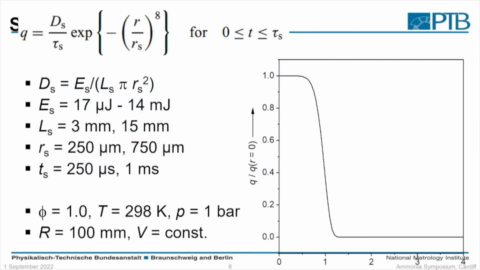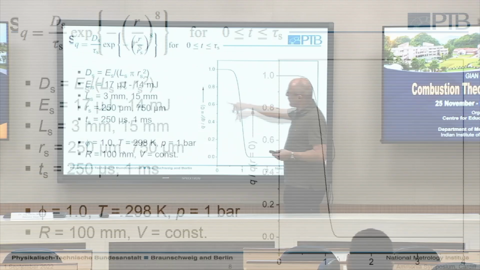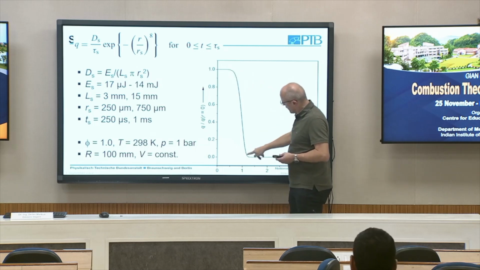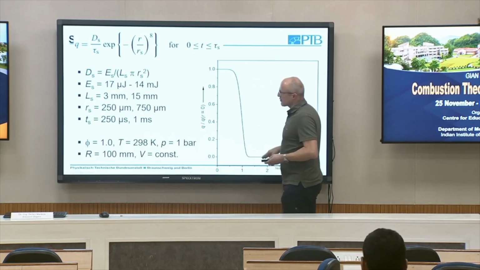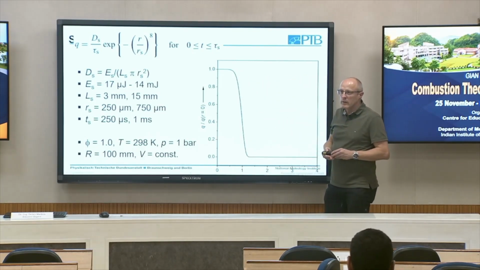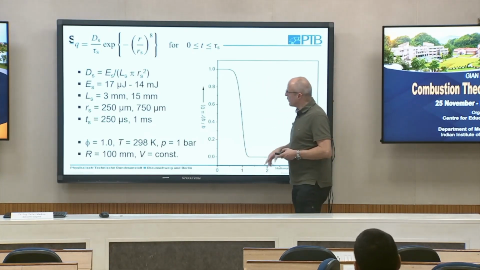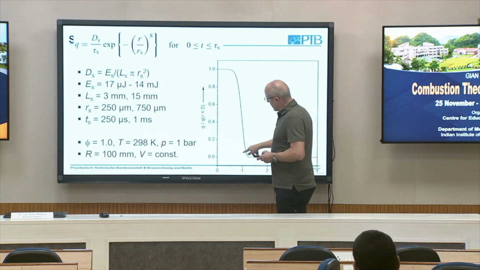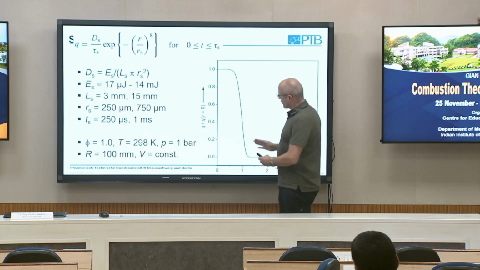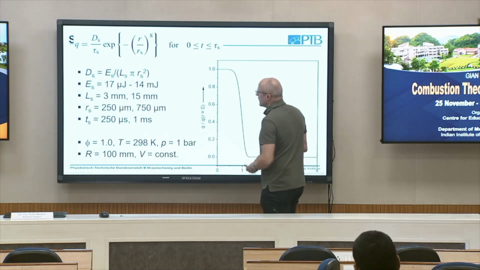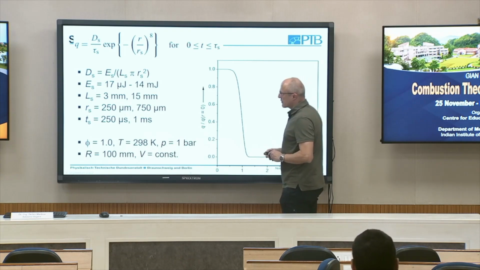So here we can define the spark. We use a specific profile here, a factor of 8 we see here. Of course, you can use a square or linear relation. So in this volume, the energy is deposited. And of course, the radius here is of importance.